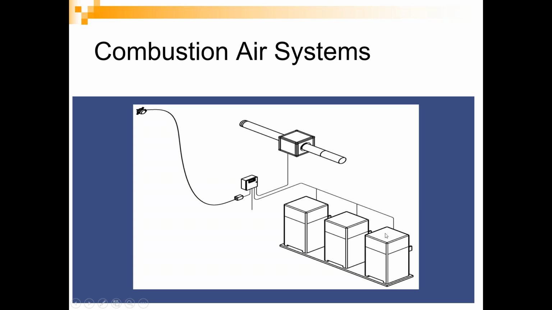Again, this is interlocked with each of the appliances, so the appliances can't fire if there's not sufficient combustion air within the room. And you can get away with not needing louvers, or not being next to an outside wall that communicates directly with outside. This may be an easier solution for you to consider.